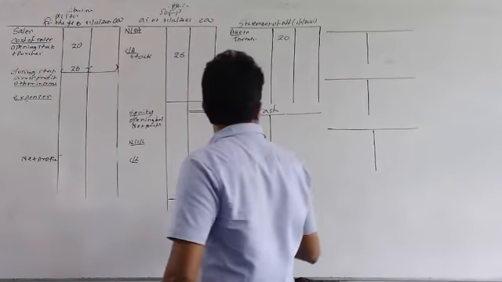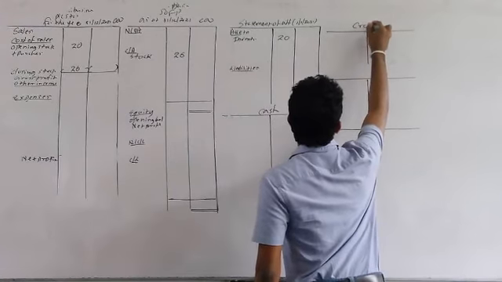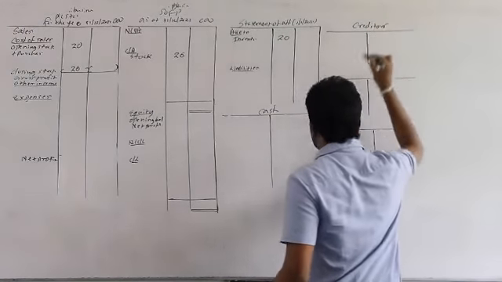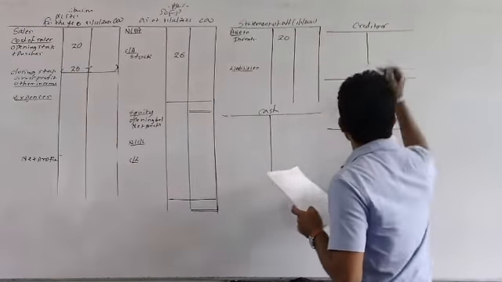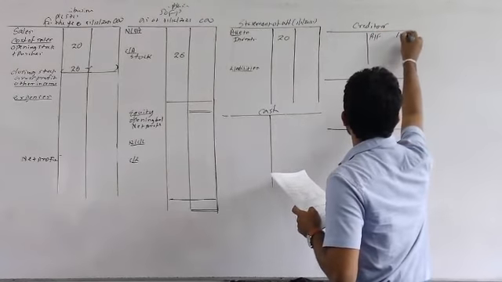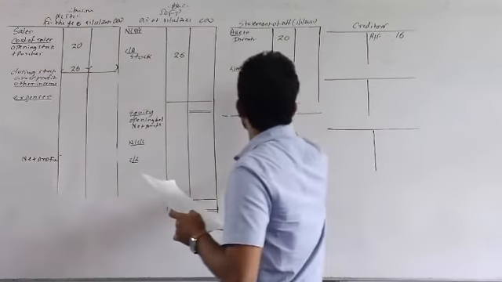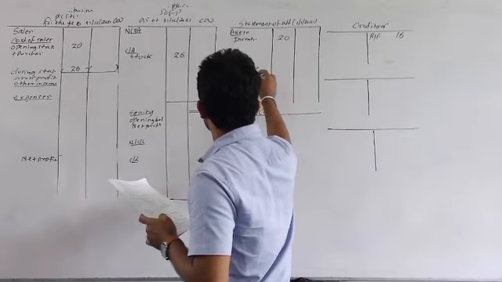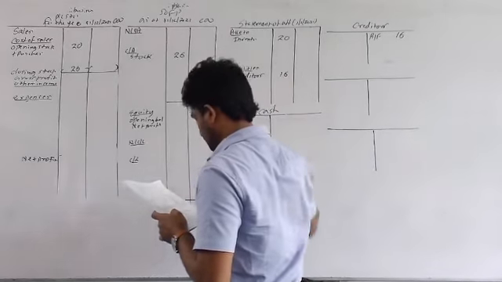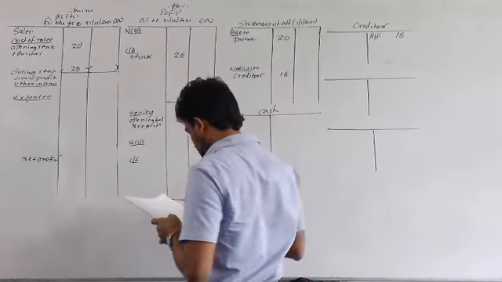Trade creditors, opening balance 60, and the liabilities closing balance 40.